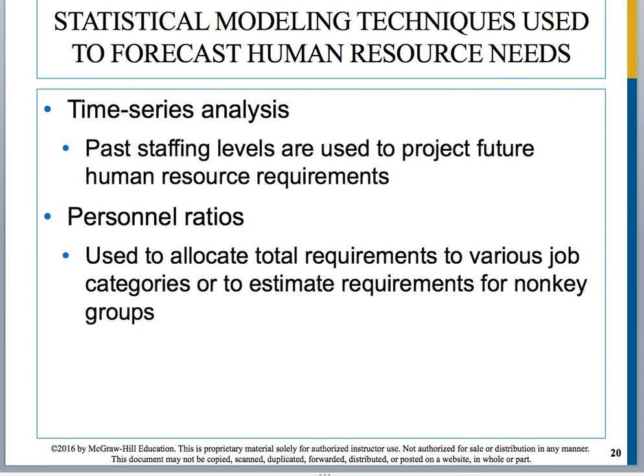So we have a time series analysis, and that's where you're looking at the past staffing levels that were used to project future HR requirements. And a personnel ratio is used to allocate the total requirements for various categories within the company, or to estimate the requirements for non-key groups, meaning groups that are not, I don't want to say valuable, but they are not vital to the operation, right?